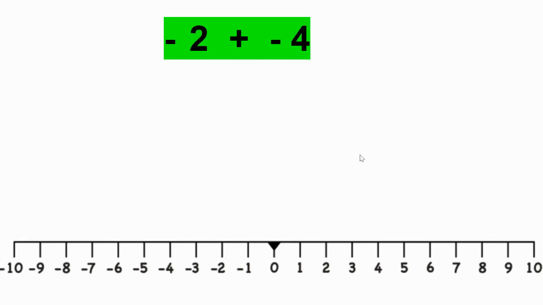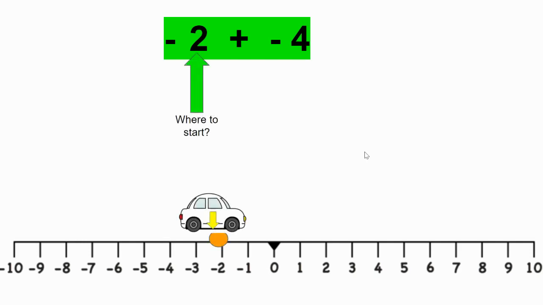What if we have two negative numbers we're adding together? So a negative 2 plus a negative 4. Well, just follow the same steps. We'll start at the first one. And then it says plus, because this is a video on adding integers, so we're going to keep our car facing those bigger numbers.